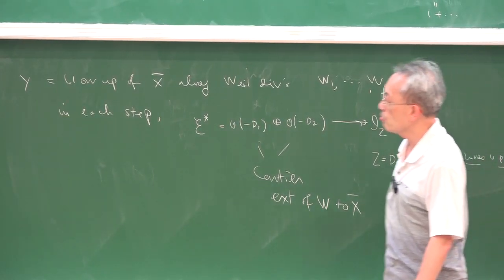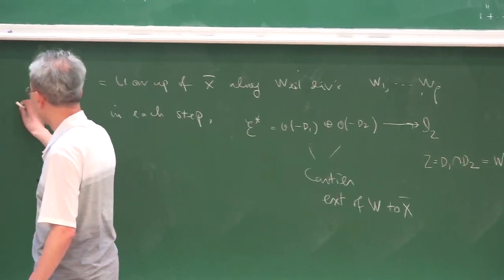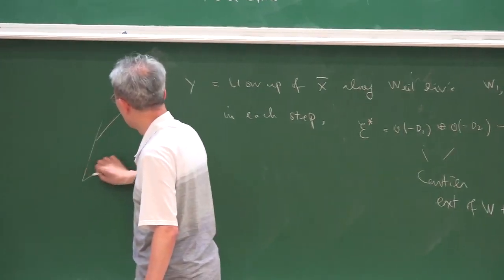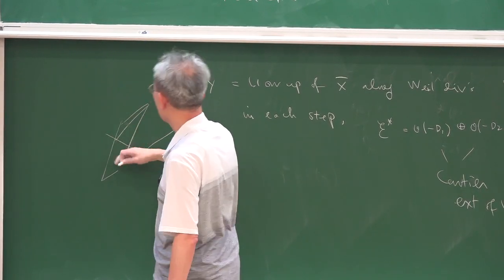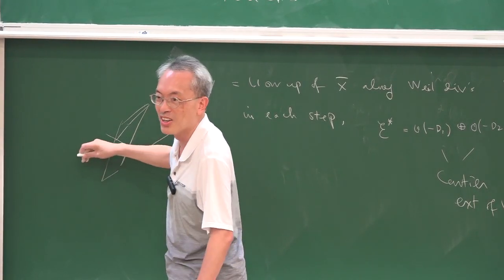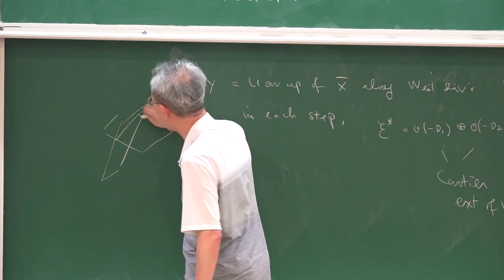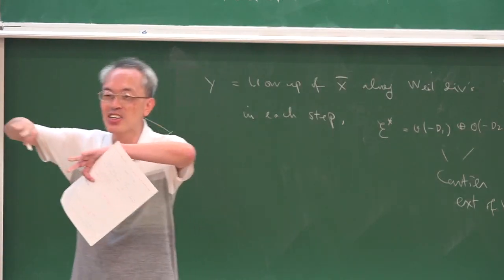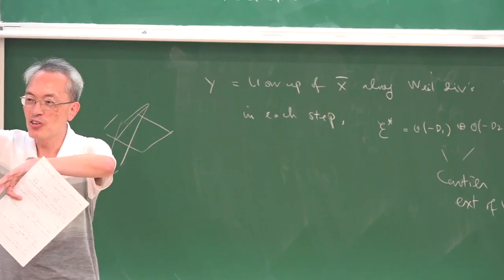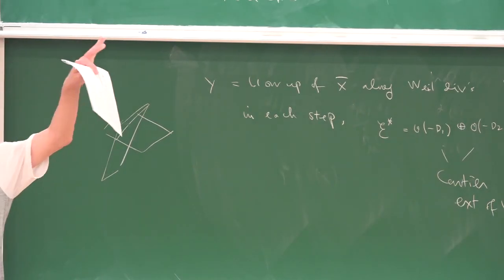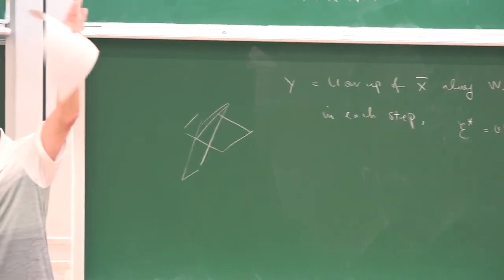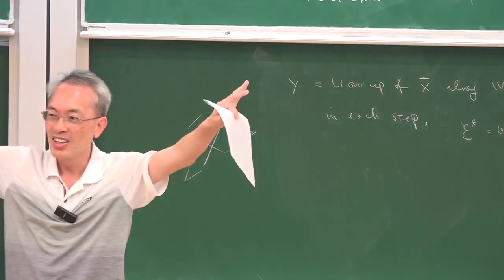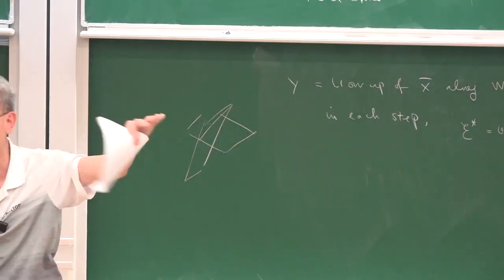In the case of local model, you just get this. But if you are in a global model, then you don't know, because you have this base divisor here, and you extend it. The picture is of course wrong, but so how can I write it? Anyway, what I want to say is you have a base divisor, but you have two different Cartier extensions. But when you extend to the further part, then of course the two divisors can intersect.